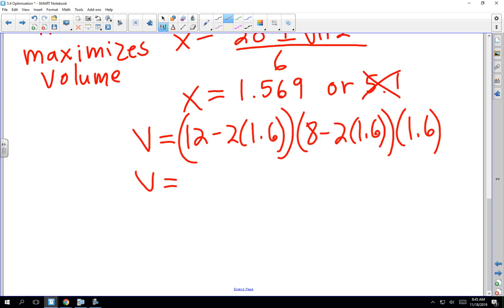Exercise left for the reader then. But that's it. So you got your volume for a given cutout. 67.58 inches cubed.